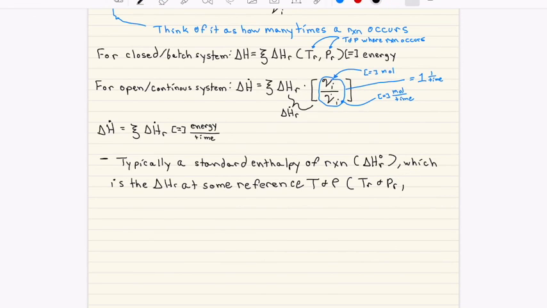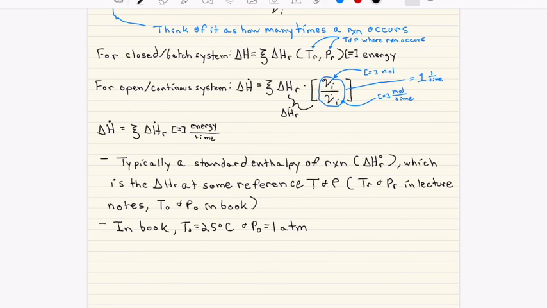So it's T of R and P of R in lecture notes. In the book, you'll see it written as T naught and P naught. Typically, in the book, T naught is equal to 25 degrees Celsius, and P naught is equal to 1 atmosphere.